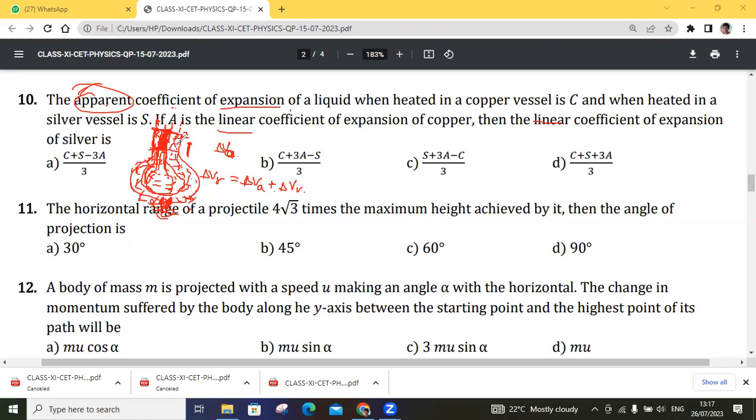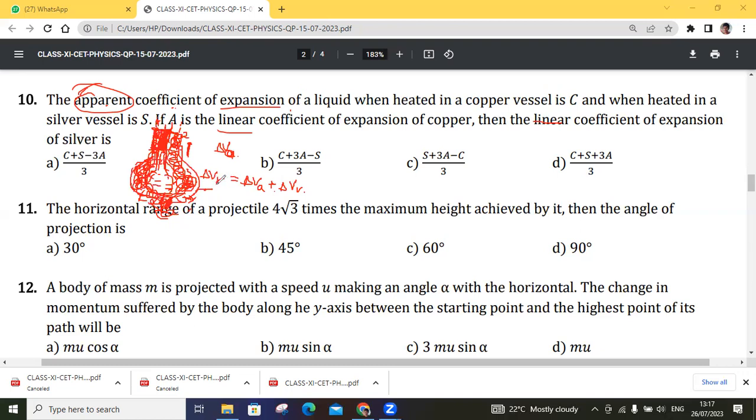So the vessel's change in volume is this much. That much also comes in the real change in volume, plus this apparent one. That will be the real expansion which the liquid has taken. That is the real volume to which it has expanded. And so delta VR is equal to delta VA plus delta VV.